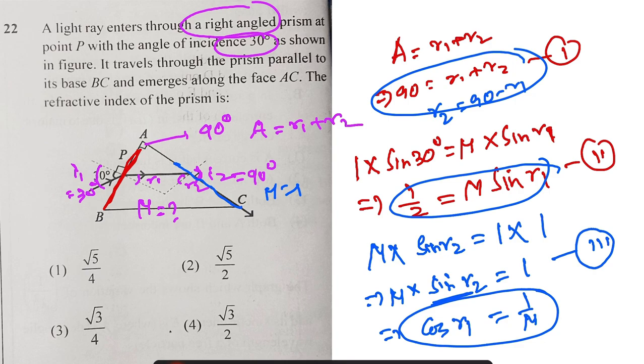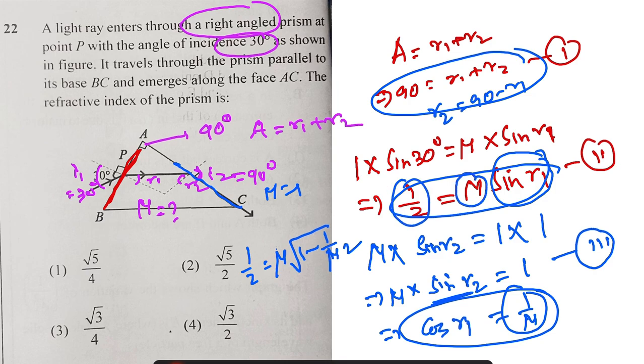if you solve these two equations like this, I am solving this: half is equal to mu into sine R1. Sine R1 means root over 1 minus cos square R1. Cos square R1 means 1 by mu square. I am repeating once again.